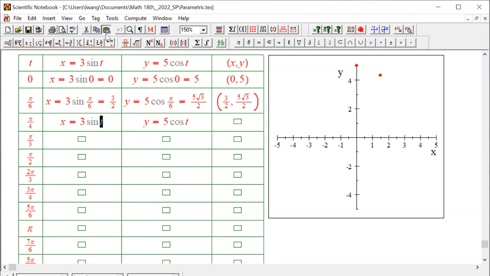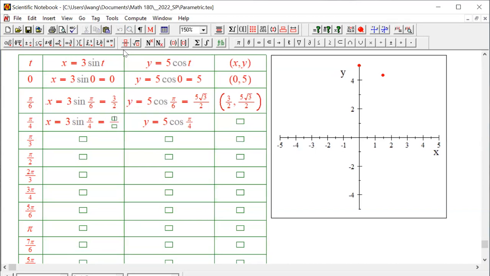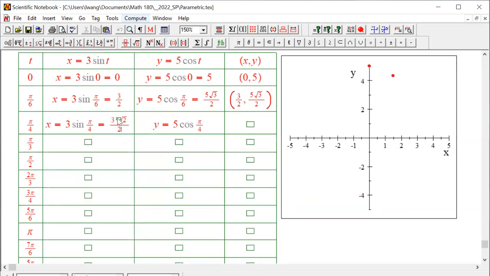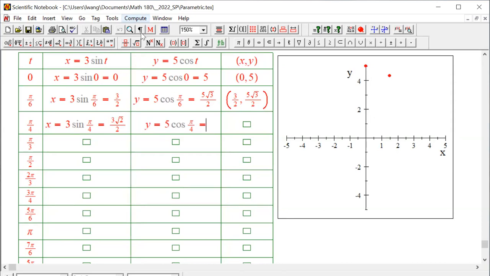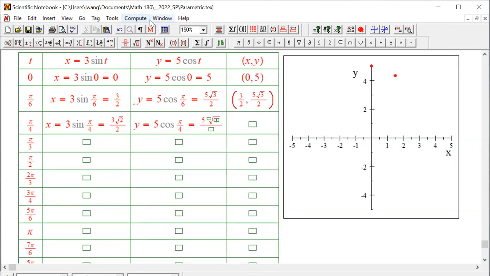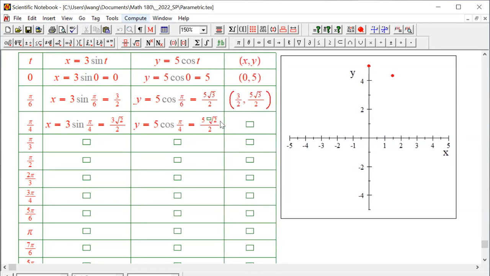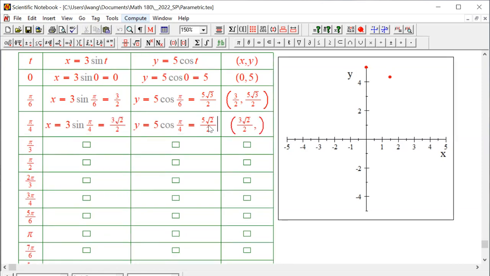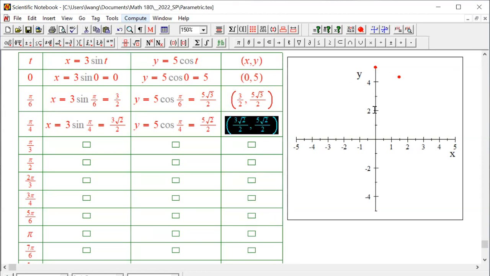So at time of pi over 4, this piece is going to be 3 times root 2 over 2. And that one equals 5 times root 2 over 2. Okay, so we get another point. And x equals 3 times root 2 over 2, and y equals 5 times root 2 over 2. And you put that point on the graph.